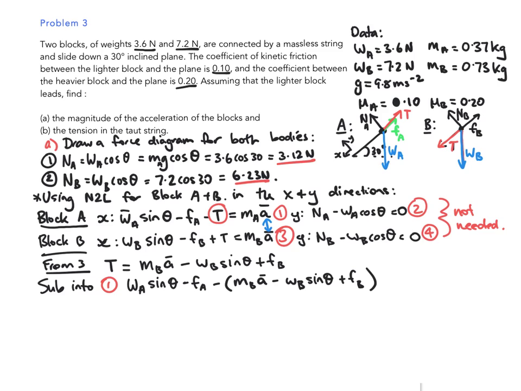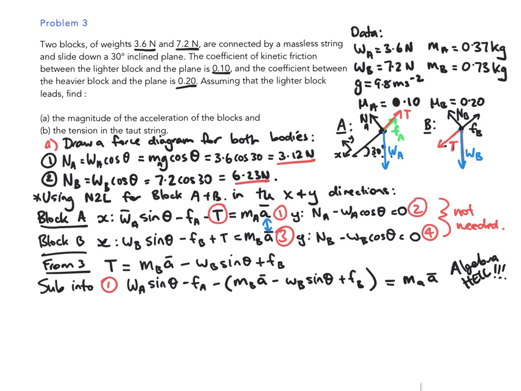So we've just substituted in for the tension in there. And that all equals m_A times the acceleration. Okay, so those are the same. That's algebra hell. That's all right. We can solve algebra hell.